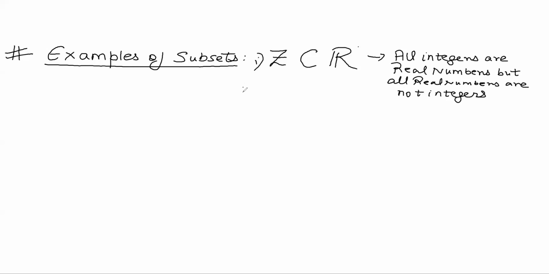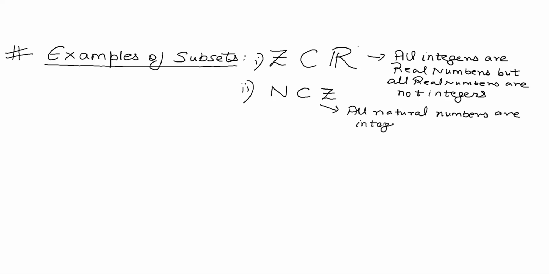Another example, set of all natural numbers is a subset of set of all integers. What does this mean? All the natural numbers are also integers. In fact, all of them are positive integers.